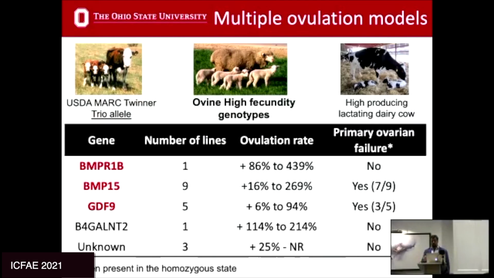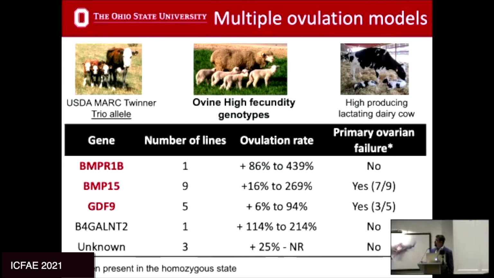It was actually the TGF-beta family members that were discovered that had a key function in regulating the proliferation of granulosa cells. There are about 19 different mutations in sheep that lead to multiple ovulations and multiple births.